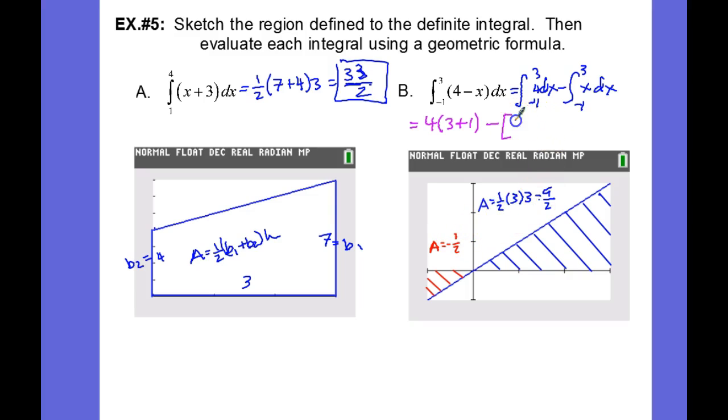So this was 9/2 minus 1/2. So 3 plus 1 is 4, times 4 is 16. 9/2 minus 1/2 is 8/2. 8/2 is 4, so minus 4. And that gives us a final answer of 12.